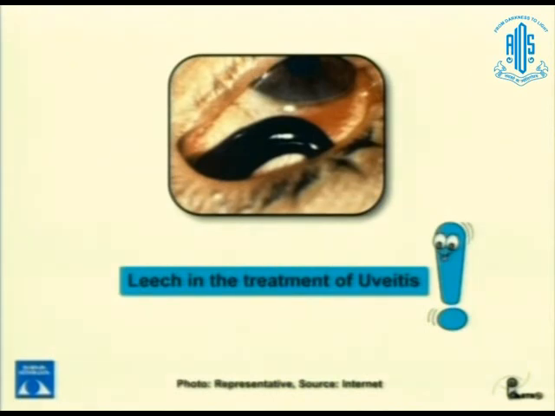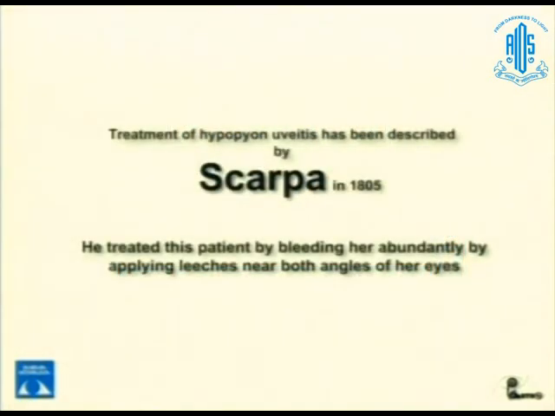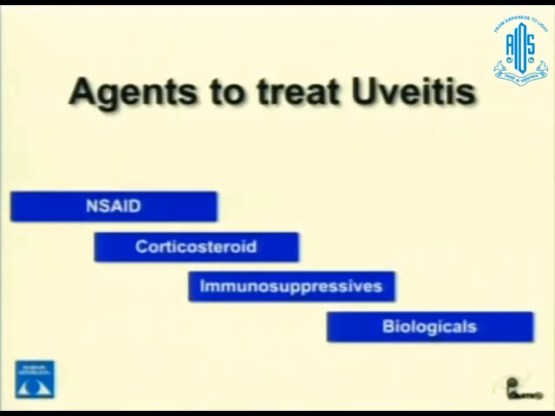Now what's going on here? A leech is used in the treatment of uveitis. If you go to the history of uveitis, the treatment of hypopyon uveitis was described by Scarpa in 1805, where he treated this patient by bleeding her abundantly, applying leeches over both angles of her eyes. Luckily, we don't have to depend on these leeches.